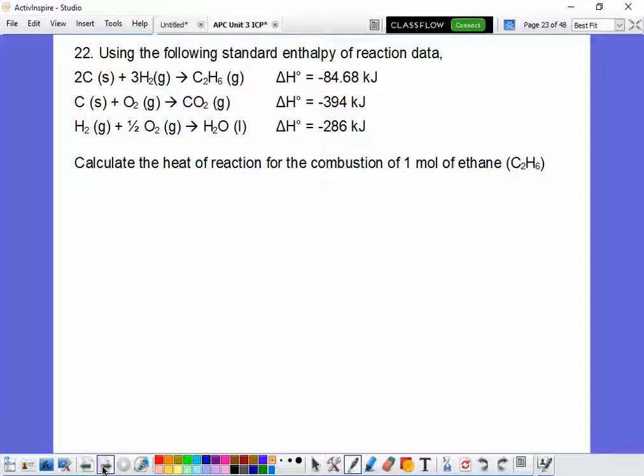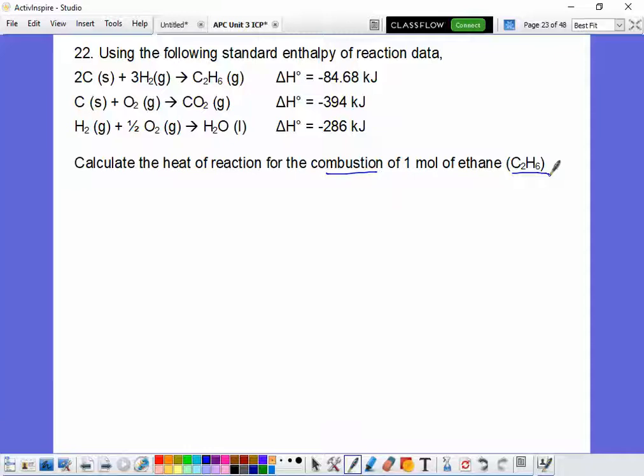So we have these 3 equations that need to add up through some manipulation to our goal equation. What is our goal equation? C2H6 plus some amount of oxygen equals CO2 plus H2O. How do you know that? It's the combustion of ethane, which I gave you as C2H6. Sometimes you're not given the goal equation written out explicitly.